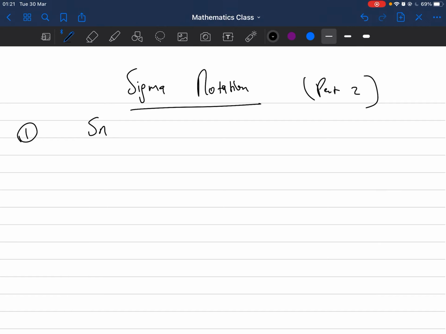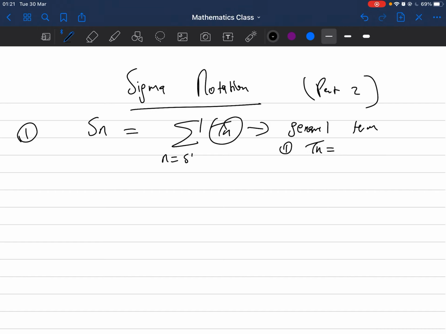We've learned that the sum of n terms is the same as this thing. This is your general term. It can be your arithmetic term, which is the arithmetic term that we know.